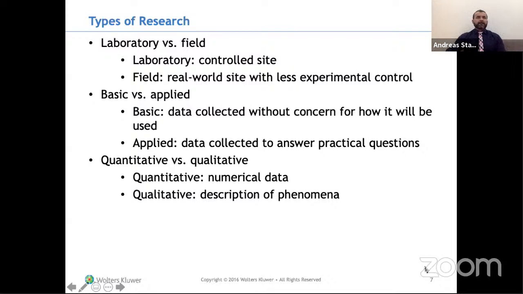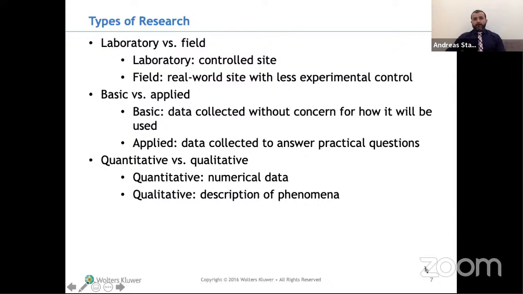Basic and applied. Basic is research that a lot of times comes before applied, and basic is more about constructing those theories. And then applied is pretty much you apply those theories and you try to see if they work in different kinds of settings.